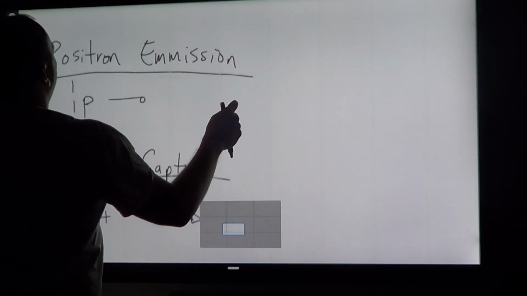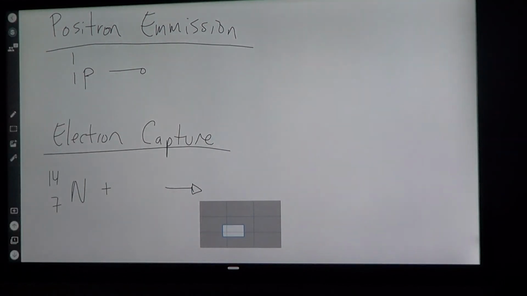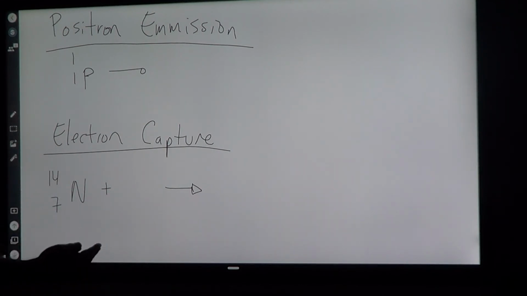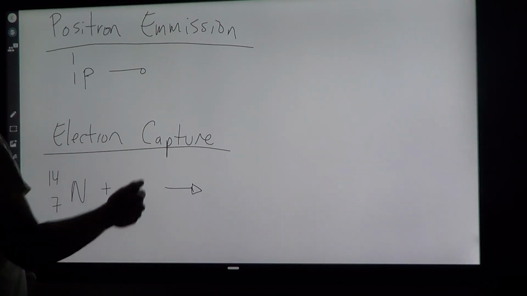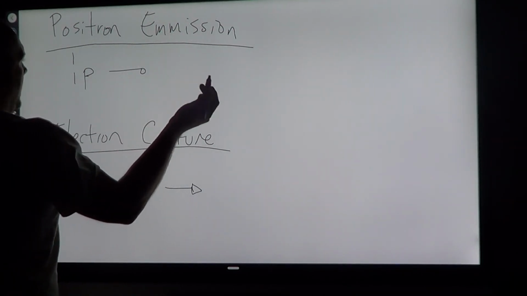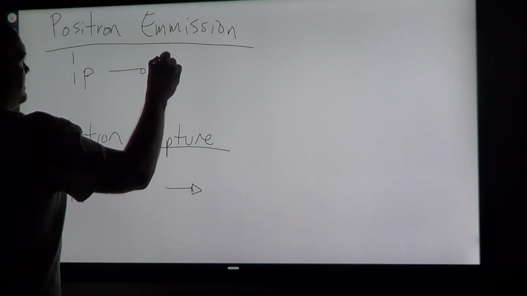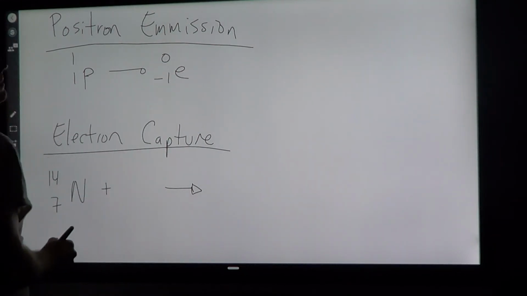Okay? So then the next one is positron emission. And this is just the example the book gave you. Sometimes a proton, okay, will emit an antimatter particle. Okay? And so a positron is identical to an electron with the opposite properties. So a normal electron is a -1, 0 e.